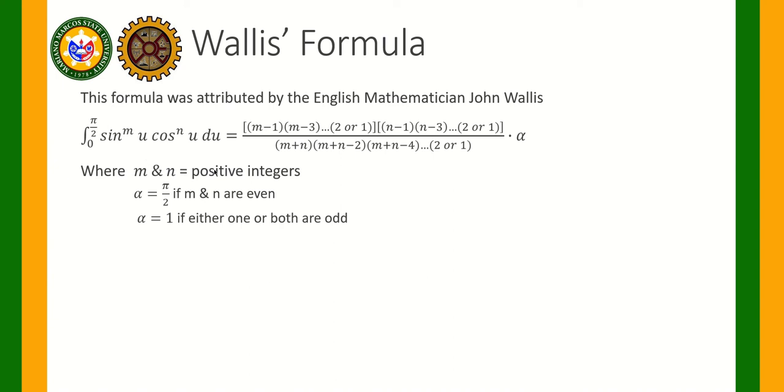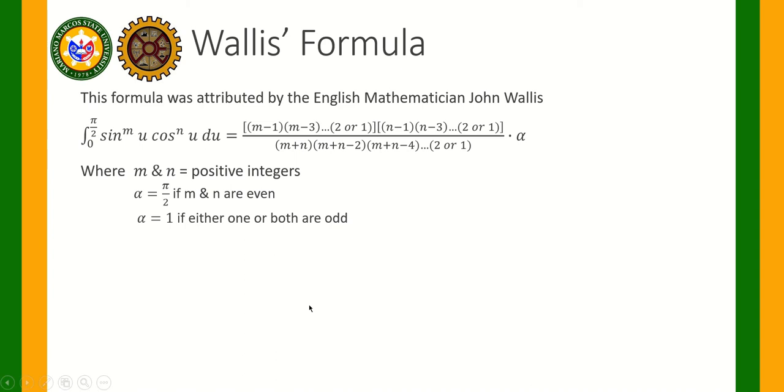Yung m and n natin are positive integers. Alpha is equal to pi over 2 if m and n are even, and alpha is equal to 1 if either one or both are odd. Okay, so this is the formula kapag ganito yung integrand natin.